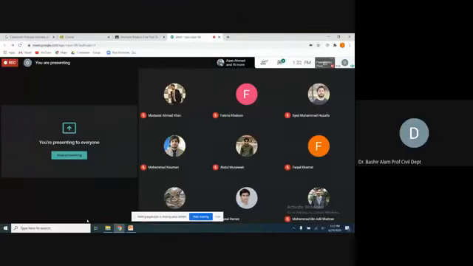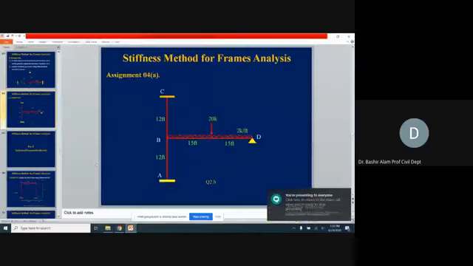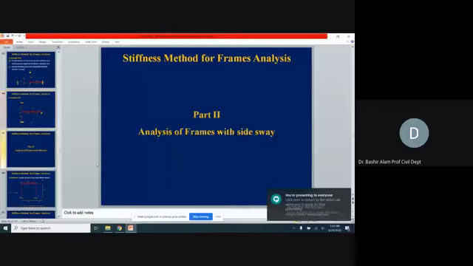Okay, so I think we are fine then. We are going to end this class here at this point. But remember, we need to go for more complex problems, which will involve side sway, when the lateral deflection is there. And that is going to be more complex. So next week, inshallah, that will be the topic of discussion.